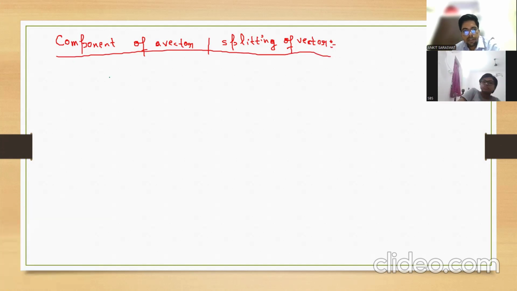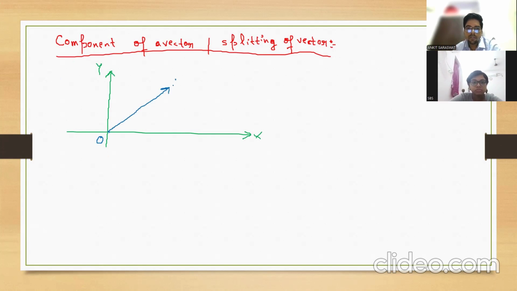For example, this is x and y. If I draw x and y like this, and this is any vector that is projecting from or originating from point O, like this. Clear? Let us suppose this vector is OA. I am taking A vector.